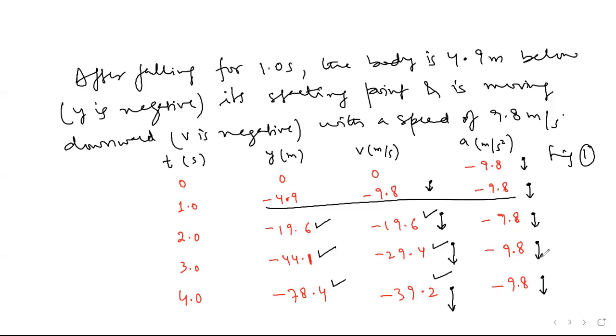The acceleration is constant. So let me write. This is velocity vector. This is acceleration vector.